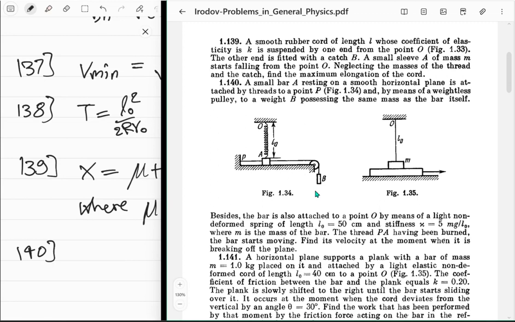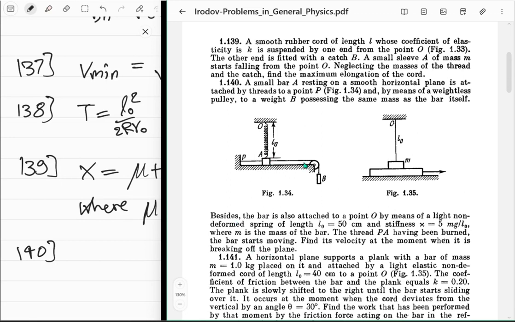Man, what is this? Look, this is like threads and whatnot, and, oh, okay. Thread PA having been burned. Of course. Okay, now I understand what's happening.